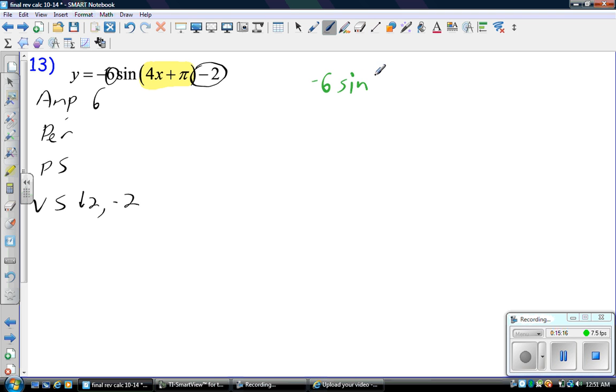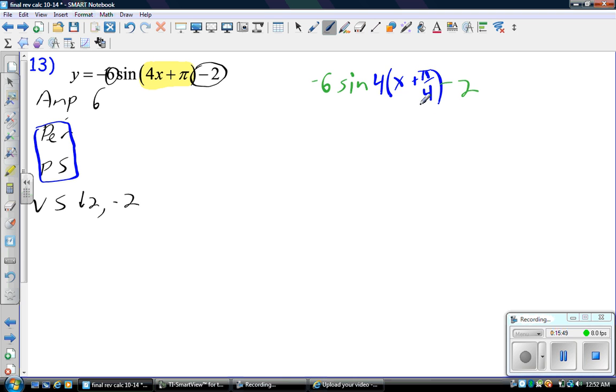If I factor out the 4, I'd have x plus pi over 4. And then I still have the negative 2 at the end. So I'm just really looking at the blue stuff here for the period and the phase shift. And you can check this. That would be 4 times x, 4 times pi over 4, so the 4s would cancel. You'd be left with pi, which is what we had.